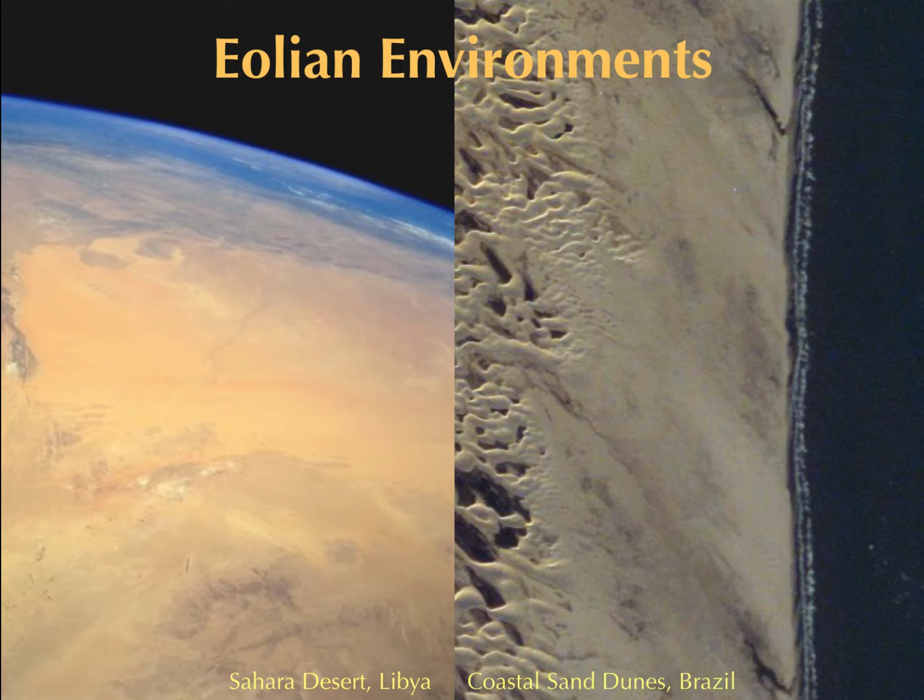On the right-hand side is a beach, and sand dunes are very often associated with beach environments where wind blows dry sand from the beach onshore, so coastal sand dunes are very common. On the left is a much larger aeolian depositional environment, the Sahara Desert in North Africa, which has vast tracts of land covered by wind-blown sands and sand dunes.